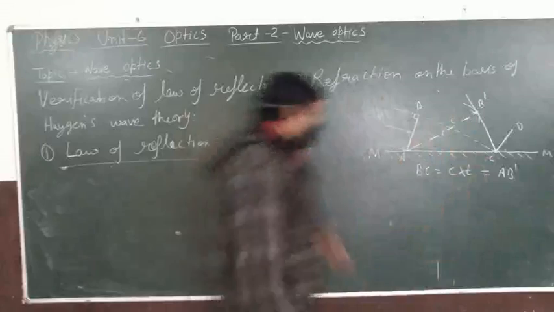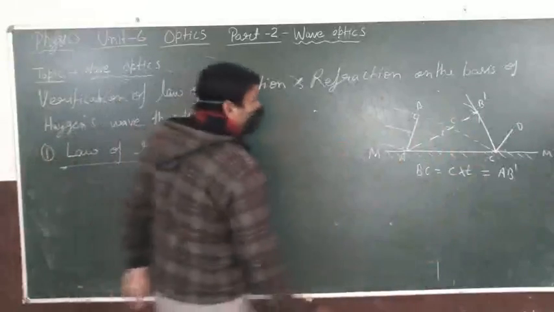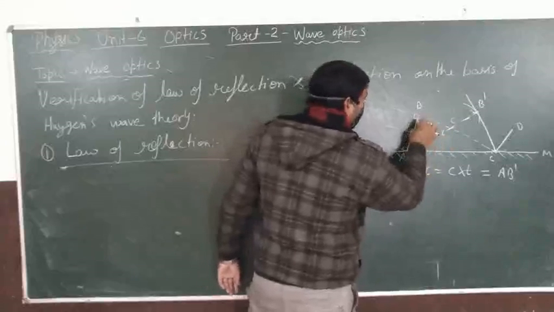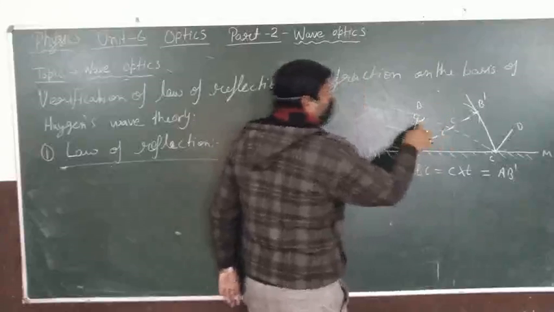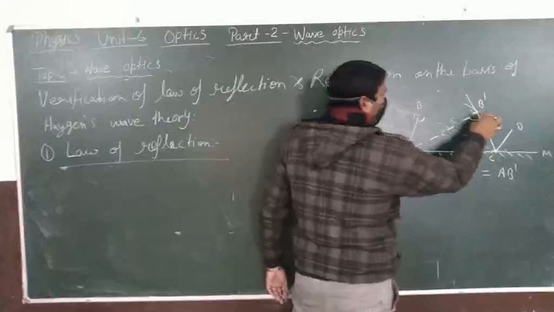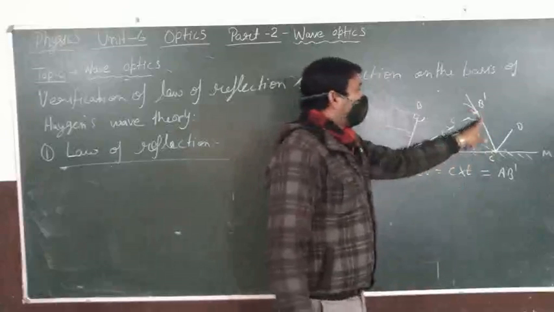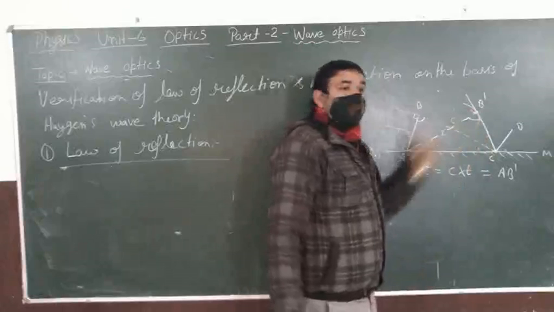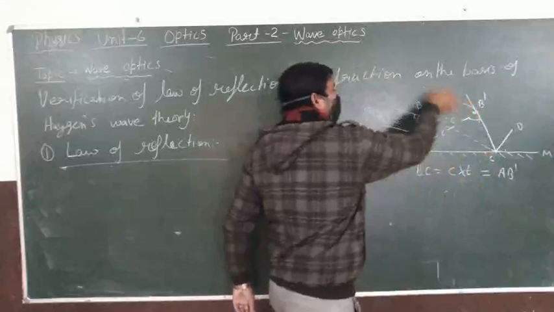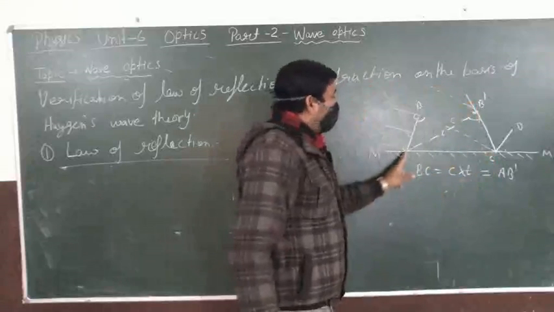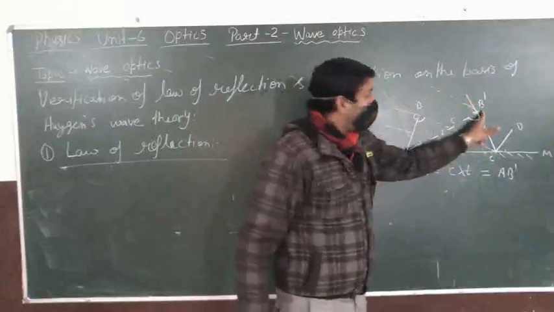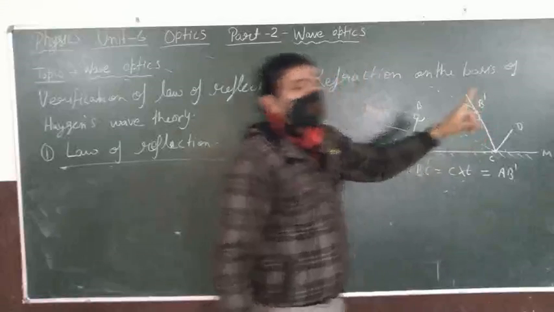Okay, now we have two triangles in which this is 90 degrees because this is 90, and this is also 90 because this is the arc. If this is a circle, you know the line traveling from the center of the circle to the periphery or surface is 90 degrees.